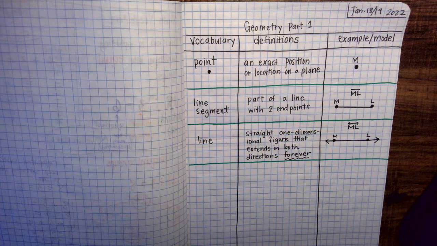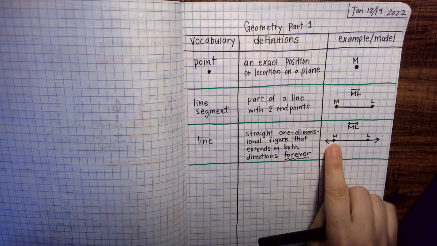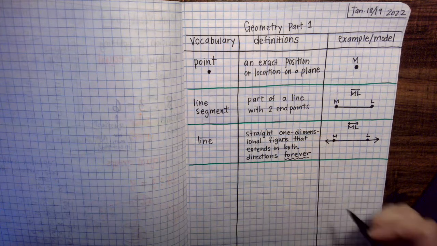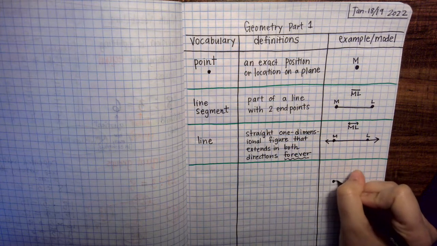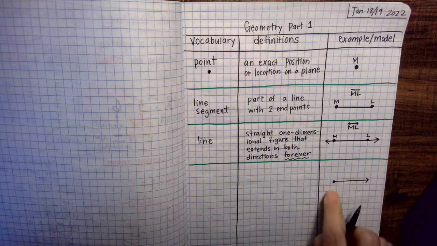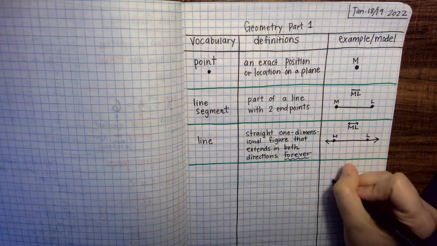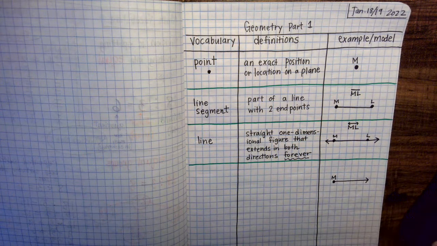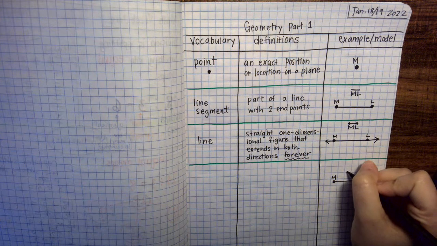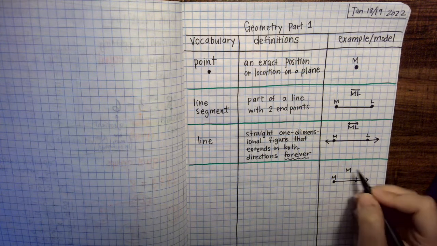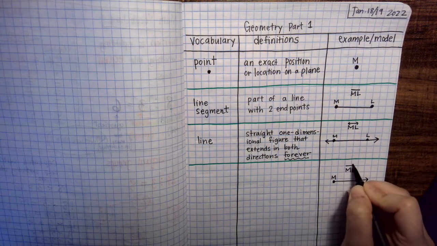Going on to our next geometry vocabulary word, it is a ray. So imagine now that I took my point and instead of it going in both directions, it's only going to go in one. And I used to tell you all last year, I don't know if you remember, that it was like a sun ray, like a ray of sunshine. That's the sun and it's going out. So I'm going to still call this M using my first name. And the symbol again is ray ML. And now again, it'll just have one arrow on my symbol.